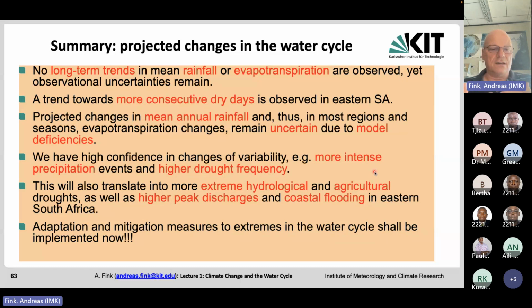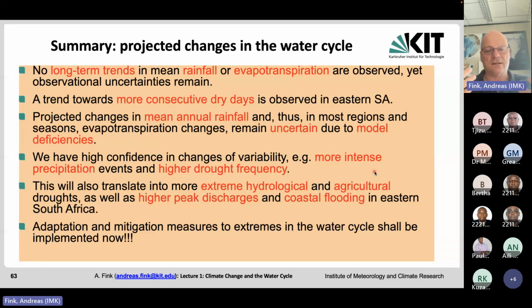So when somebody tells you, oh, it's going to be drier, it's not drier in terms of the mean annual rainfall. It's drier in terms of spells where it does not rain. Yeah? We have high confidence in the changes of variability, for example, more intense precipitation and higher drought frequency.